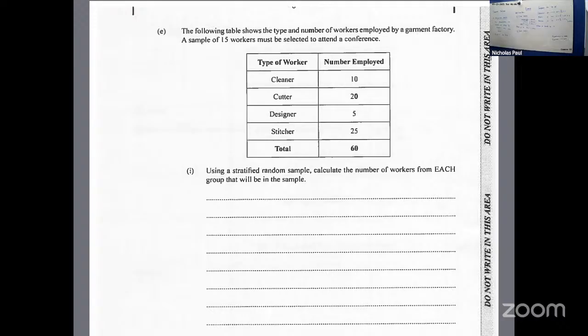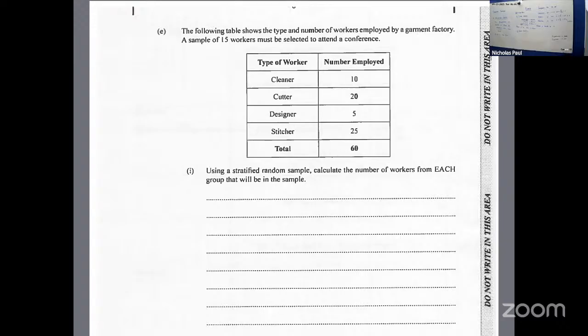Right, so if you send back the email and let them check it, right? And then you add your one time, right? So the following table shows the type and number of workers employed by a garment factory. A sample of 15 workers must be selected to attend a conference.